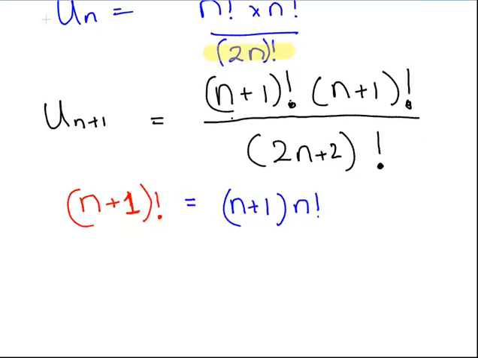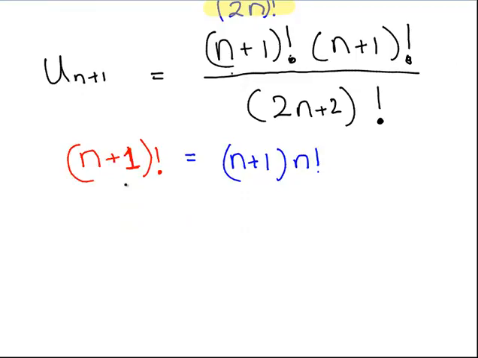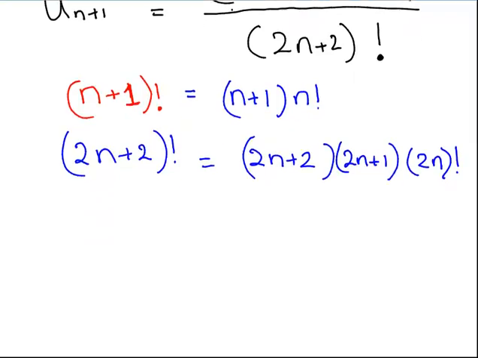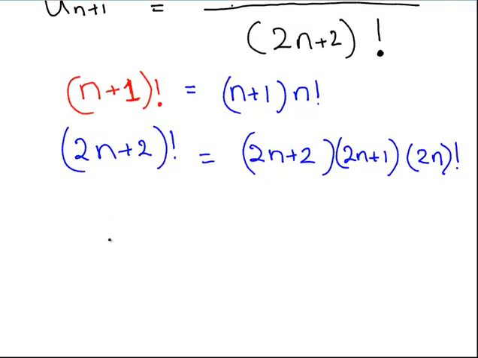Okay, so far so good. (2n plus 2) factorial can be written as 2n plus 2 times 2n plus 1 times (2n) factorial. The reason we're going to do that is because we have to compute this expression, u of n plus 1 over u of n.